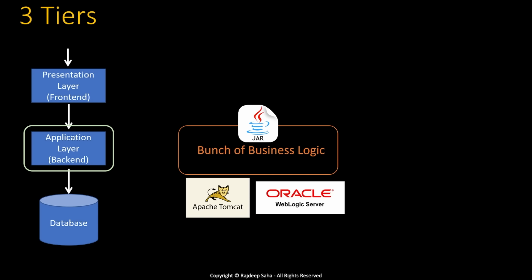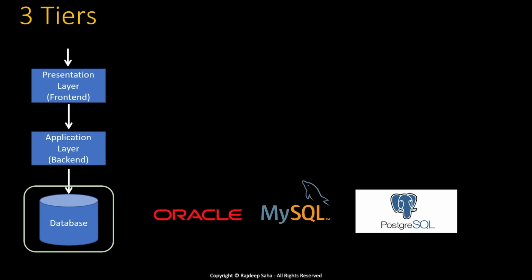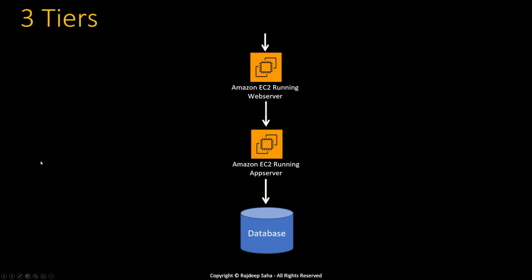If that's just an API running on a container or on Lambda, that's totally fine. Moving on to the database, you have many choices. Some of the popular ones include Oracle, MySQL, PostgreSQL, but then beyond that you have NoSQL databases such as Cassandra, DynamoDB, etc.